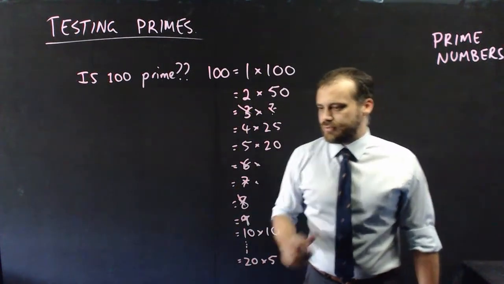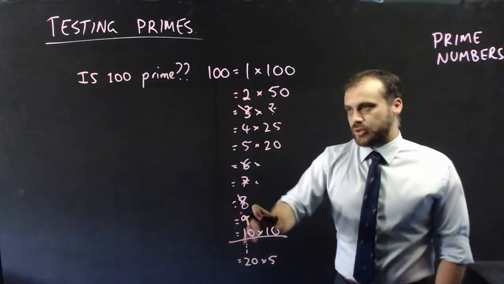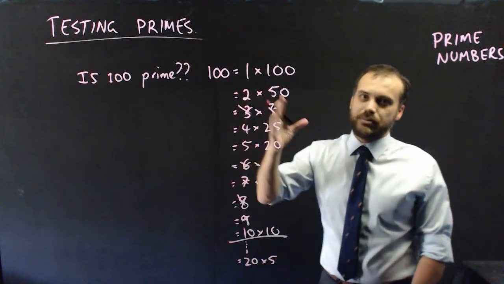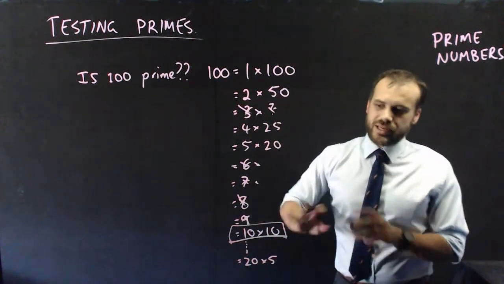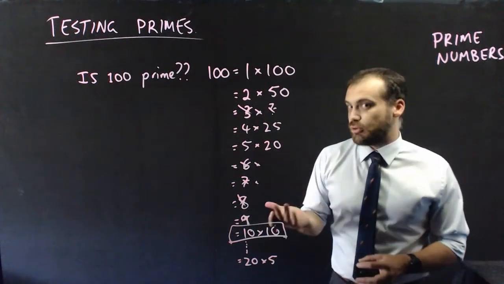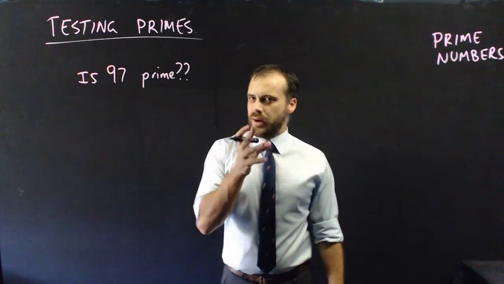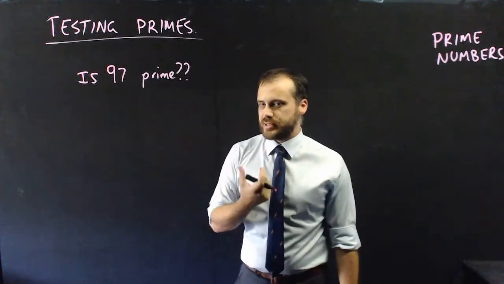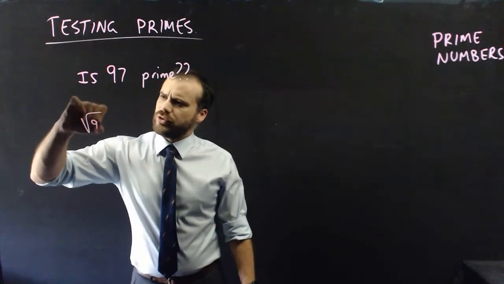You only have to test up to the square root of the number that you're testing. So just testing up to here would be plenty to figure out whether something was prime or not. So if I wanted to know if 97 was prime, how many numbers would I have to test? Alright, so what's the square root of 97?